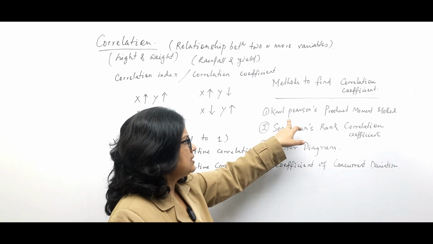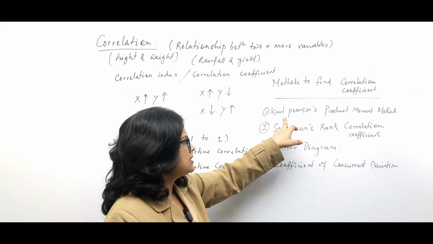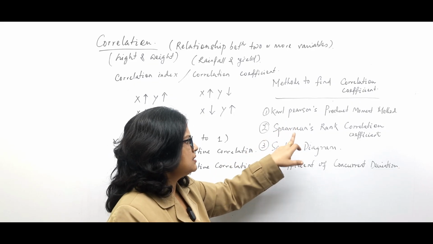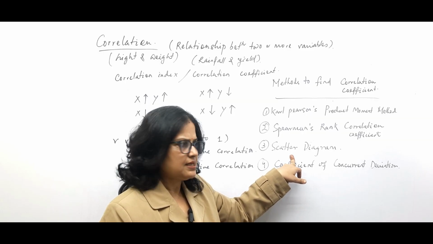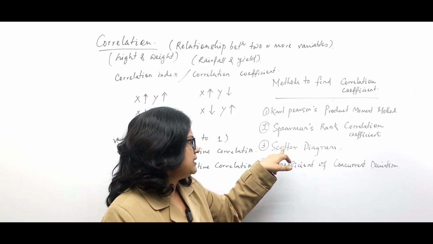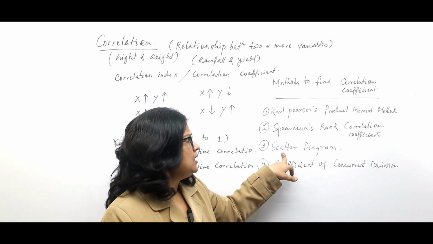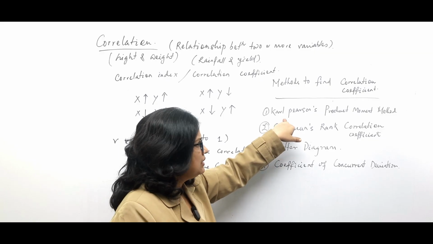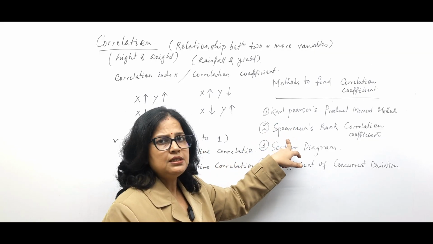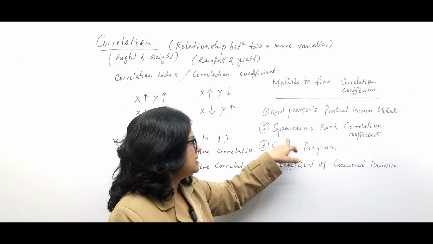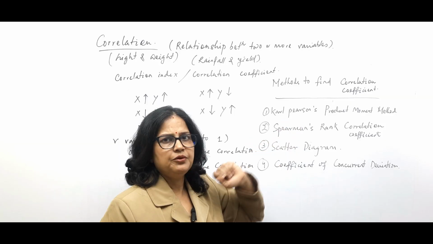Normally we discuss the first two methods, and sometimes in the exam it is asked what a scatter diagram is. So first we will discuss Karl Pearson's product moment method, then Spearman's rank correlation. Let us start with how to calculate by Karl Pearson's method.